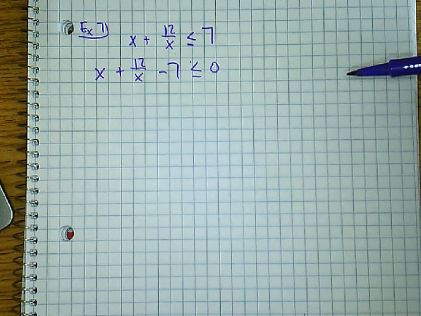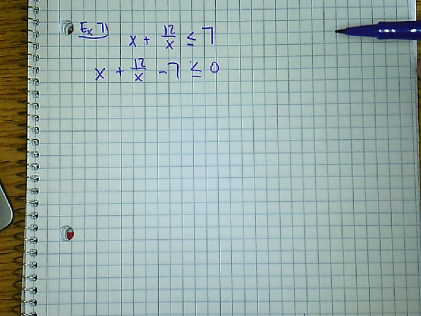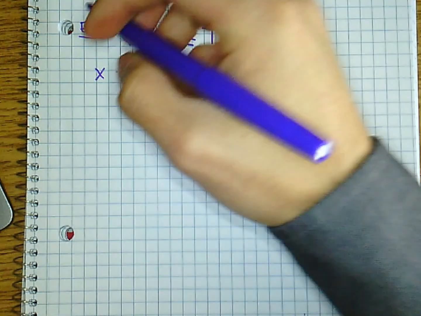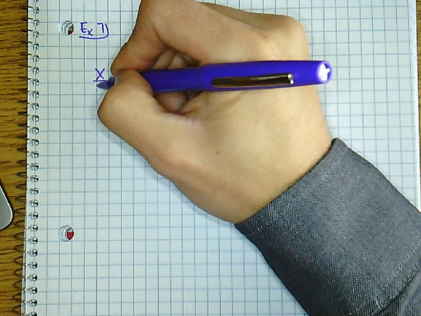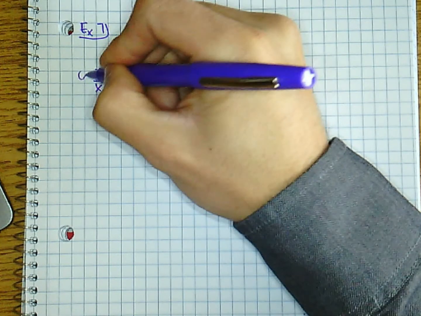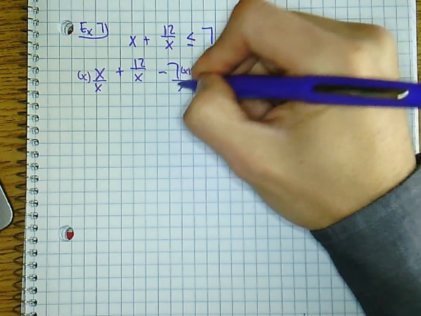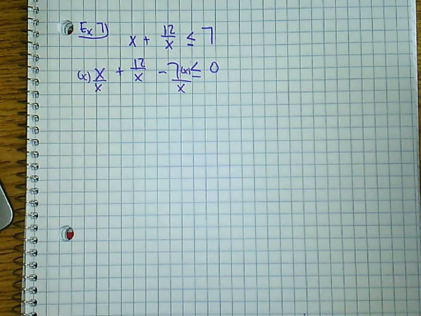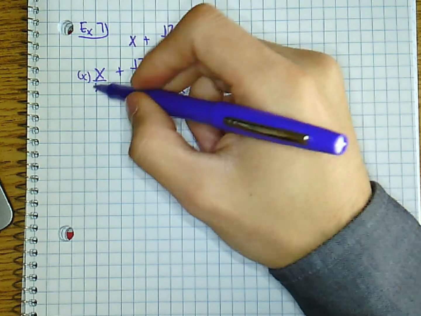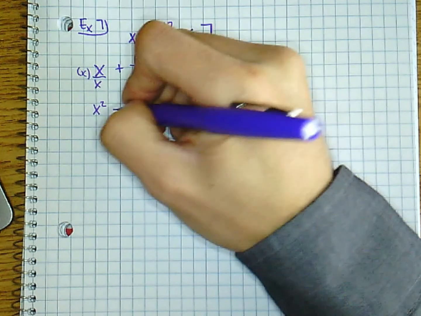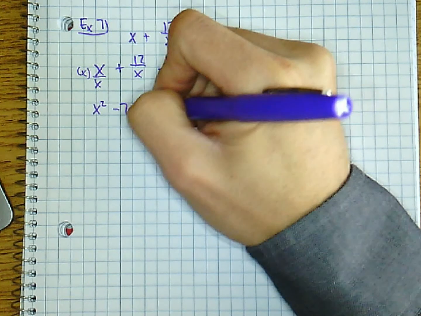In order for me to do that, I need to get this, this, and this on the same denominator, which should be, I need to multiply this numerator and denominator by x, and so for this one. So what that does for me is now I have a common denominator. I'm going to have x squared minus 7x plus 12 divided by x such that I am less than or equal to 0.